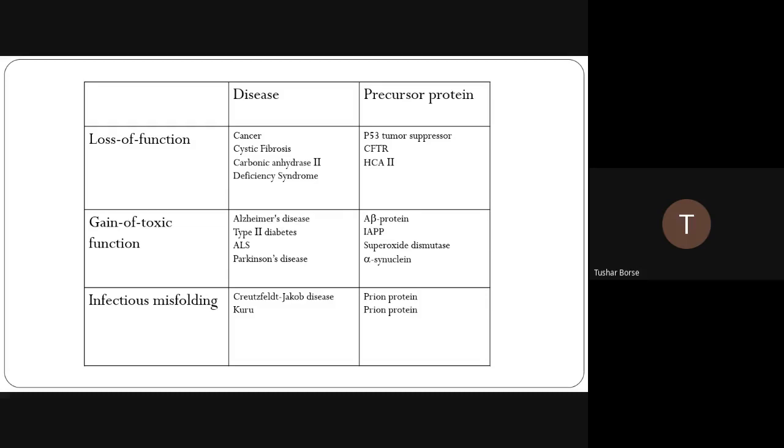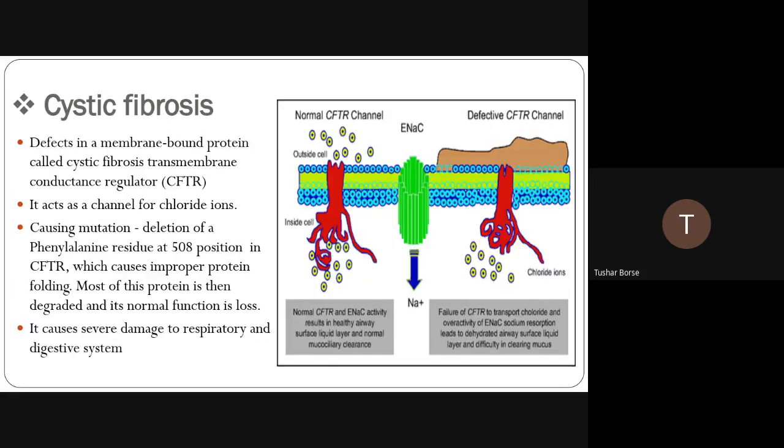Cystic fibrosis. In our cell, there is a cell membrane. There is a channel called CFTR channel, cystic fibrosis transmembrane conductance regulator. This channel helps in the transfer of chloride ions.